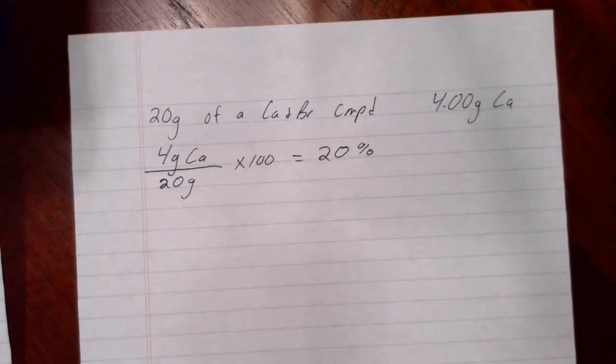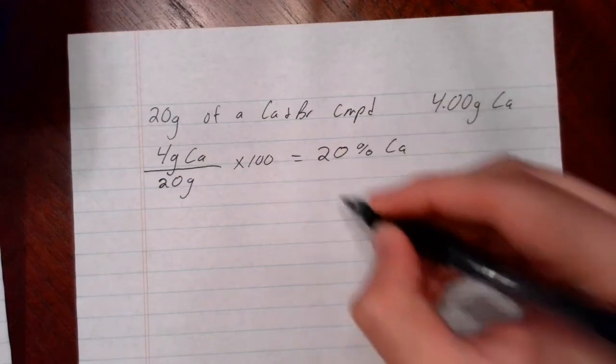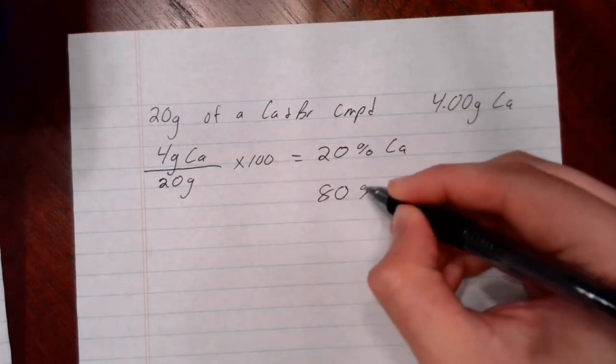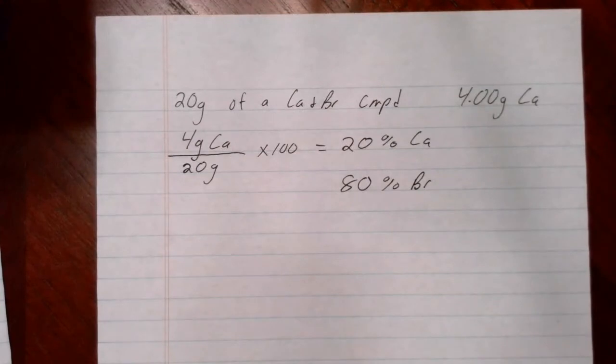Then I could either do 16 divided by 20, because I know that's the mass of bromine in the compound, or I can just do 100 minus 20, and then I get 80% bromine. So now we're back to the way we're used to seeing the problems. We have a compound that's 20% calcium, 80% bromine.